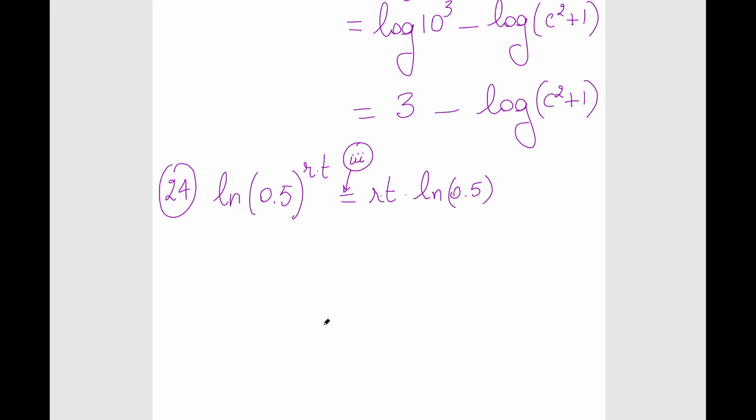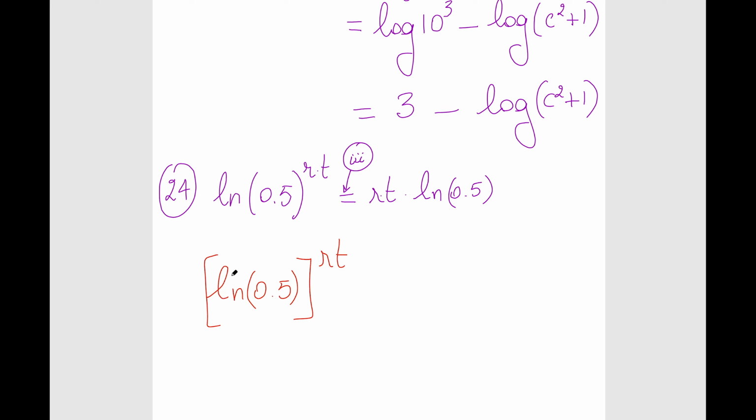Quick comment here, let me change color. How about ln of 0.5 to power rt, with this format? I included brackets as part of the decoration, but they translate to something.